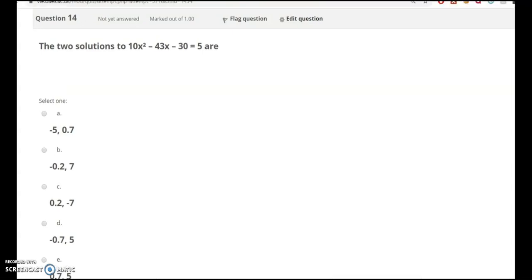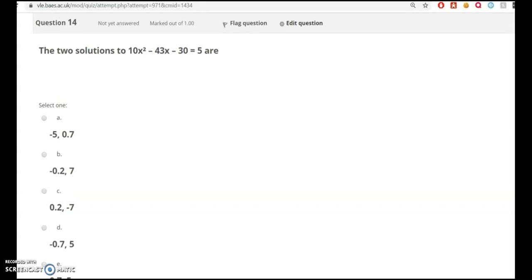But first of all, I need to make this equal to 0. So I'll go 10x squared minus 43x, I've got minus 30 equals 5. So taking away 5 from both sides, this becomes minus 35 equals 0.